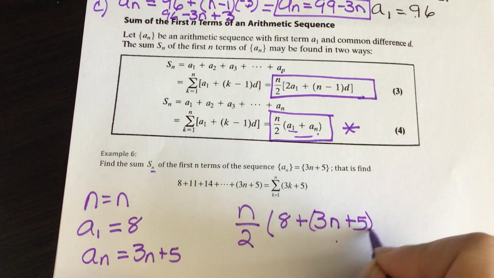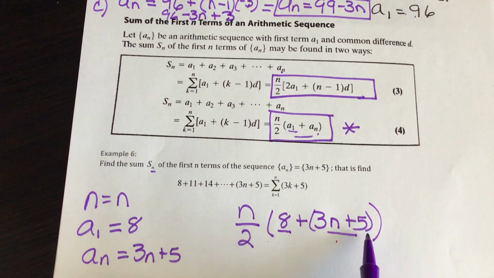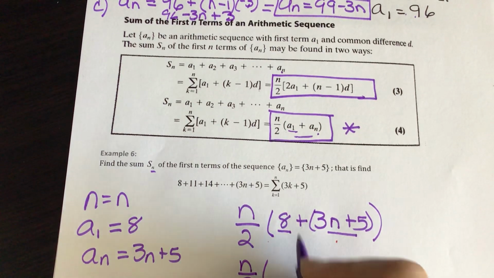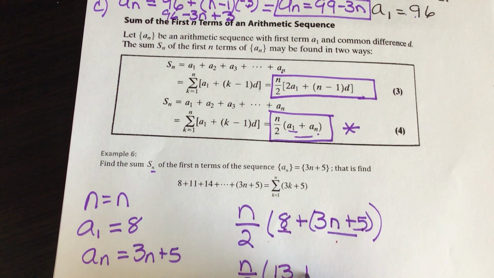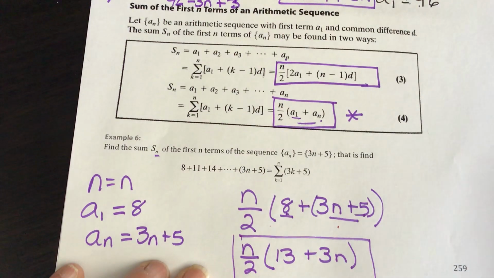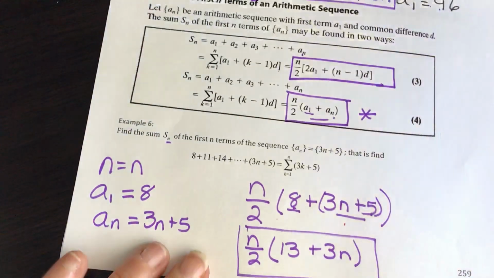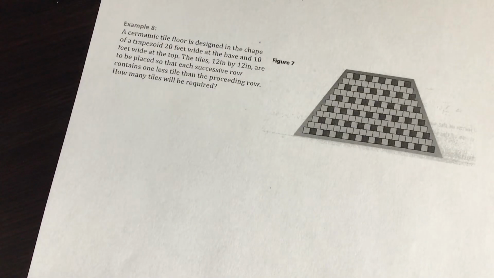So this is n over 2 times 8 plus 5 is 13 plus 3n. Okay, so we're going to have a little abstract answer. We're not going to get a number answer here because I don't have a value for n. But I bet in the next one I will.